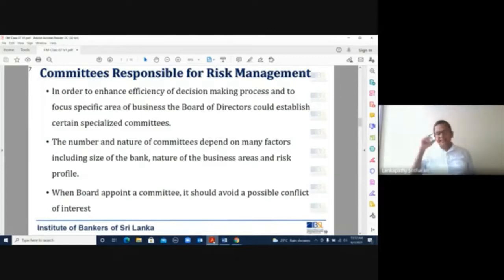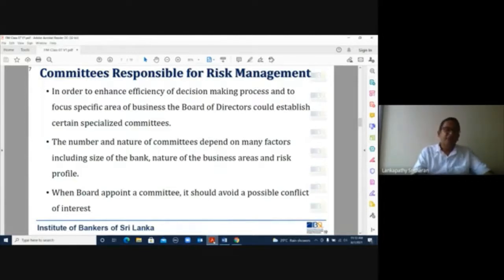There is nothing much to explain in this section. This is very straightforward, the committee functions and all. I think the ALCO committee I have already explained, and the risk oversight committee as well. Likewise, some committees we have seen, but some more committees we will see in the subsequent slides.